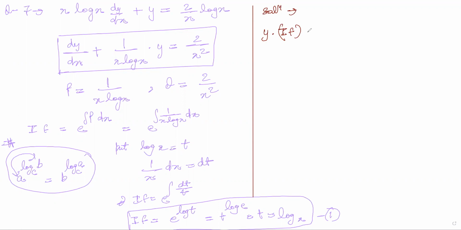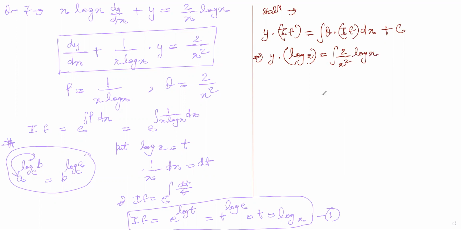So y into integrating factor is equal to Q into integrating factor into dx plus c. This will become y into log x is equal to Q, which is 2 by x square, and this integrating factor log x, into dx.